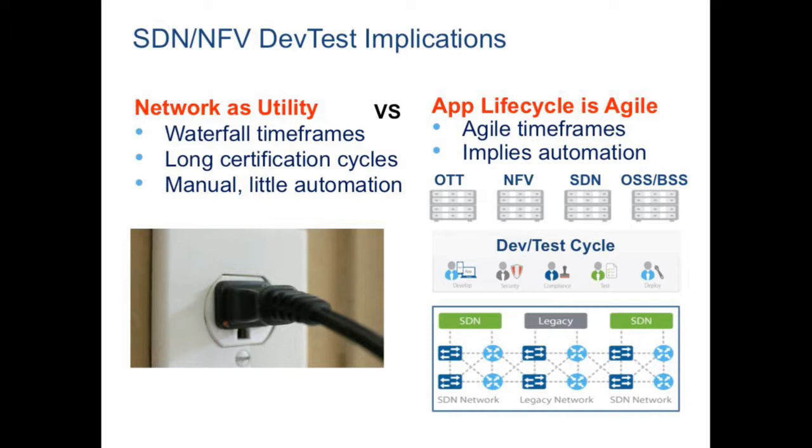SDN NFV dev test implication, right? SDN is really a game changer because it's shifting the paradigm from the utility model to the application enablement model, right? And this application enablement model is really key for service providers and enterprises, or whoever is interested in those technologies, to innovate new service concepts.